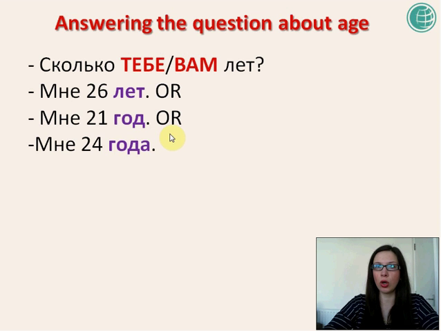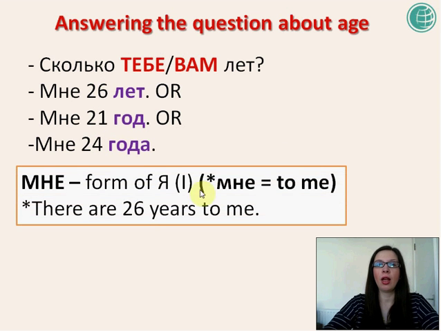That's strange because they are the same answers, but you need to put different words here. These different words will depend on the number which stands at the end of your age. And one more thing, мне is just a form of я, I. Мне, it's something like to me. Like there are 26 years to me. There are 21 years to me. So etc. Мне you just have to put instead of тебе. Мне is a form of я.